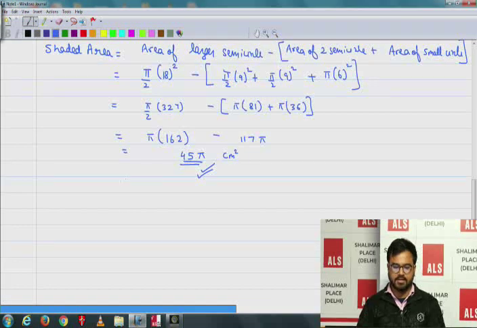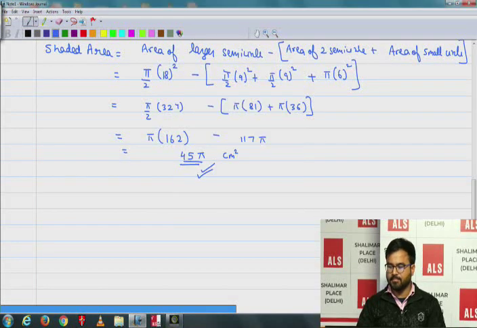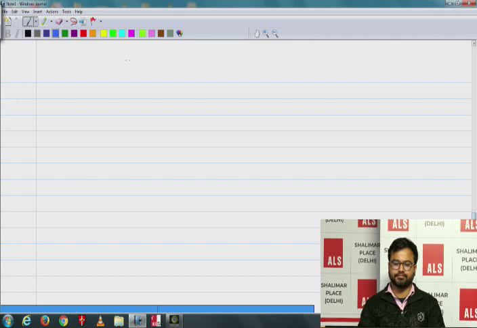Now try this question. Now try question number 2 from the arithmetic progression.